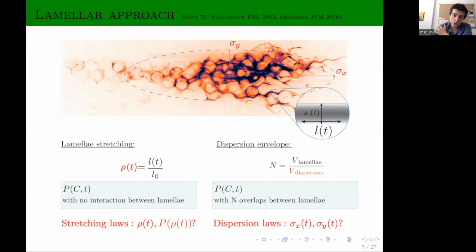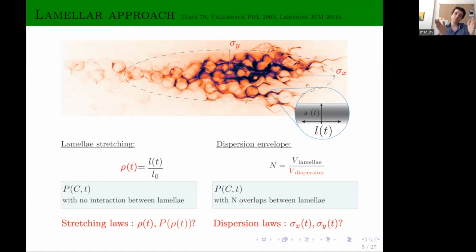And the second thing which is set by advection is the dispersion. So how does the envelope, which will be defined through sigma x and sigma y on the schematic, evolve in this particular flow field? And both are important because if you want to predict the mixing process, you need to know not only how the lamellae are stretched, but also if they overlap or not.